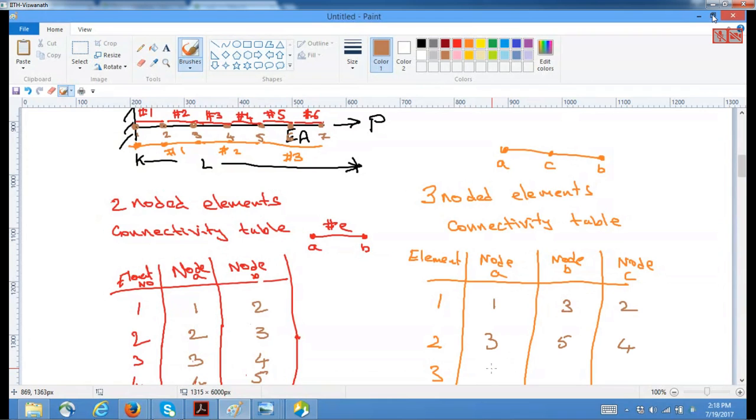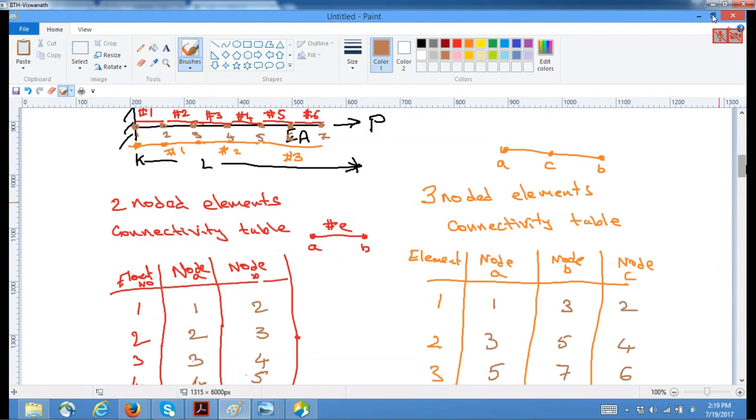Similarly, for this, we will have this one as 5, this one as 7, and this one as 6. So for element number 2, A is 3, B is 5, and C is 4. So that's what I have written for 3, 5, and 4.